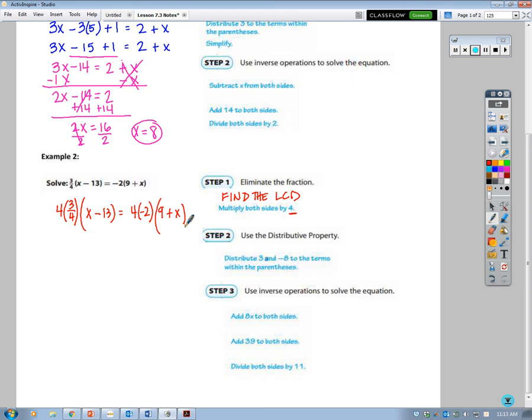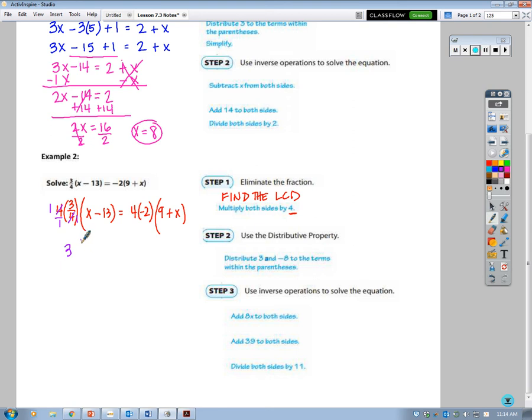When I'm multiplying a whole number by a fraction, I turn that whole number into a fraction by putting it over 1. That lets me cross-cancel. Nothing in common here. I get to cross-cancel here because these two have a common factor of 4. 4 divided by 4 is 1. 4 divided by 4 is 1. So now I have 1 over 1, which is the same as 1, times 3 over 1, which is the same as 3. So I have 1 times 3 equals 3.